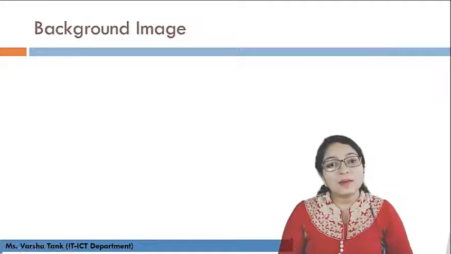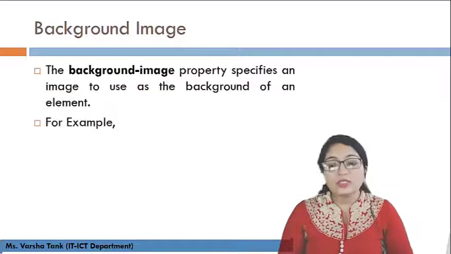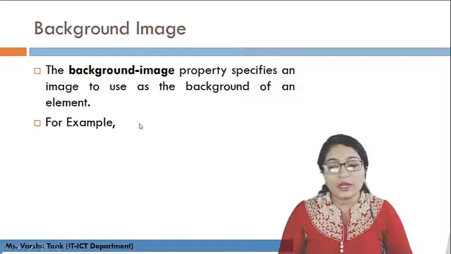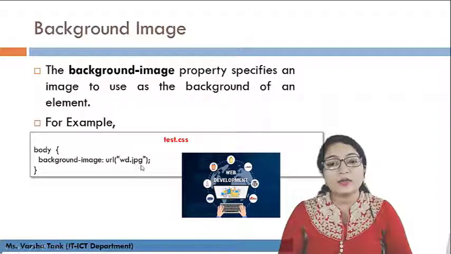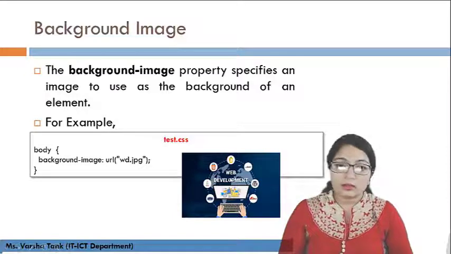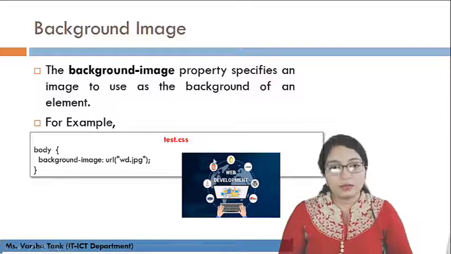Now the next one is the background image. The background-image property specifies an image to use as a background of an element. For example, in the body selector, we have written background-image URL, that is wd.jpg. This is the image that is going to be displayed in your web browser as a background.